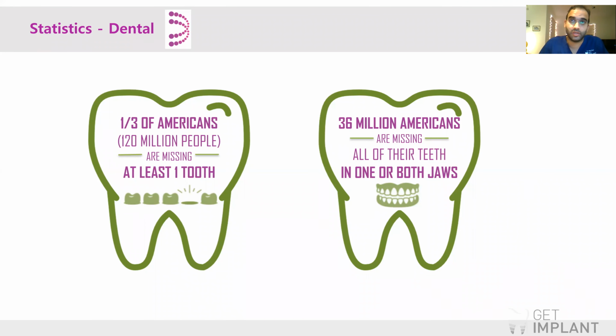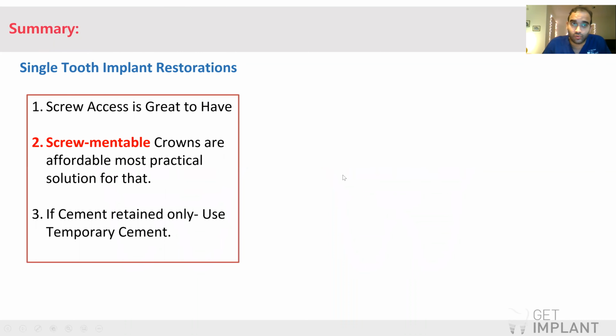So in India, it would be about a third. So 1/3 of the population will be missing at least one tooth, and about 1 to 2% of the population will be missing at least one jaw. So that's a pretty big number for us to restore.